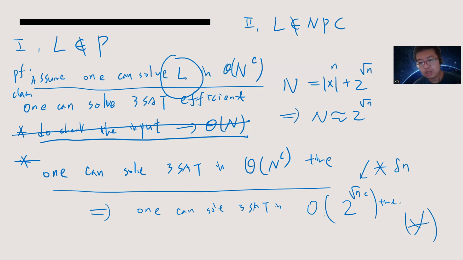Because we say that 3Z cannot be solved in 2 to the delta N time. And obviously 2 to the square root N to the C big O is less than big O of 2 to the delta N.